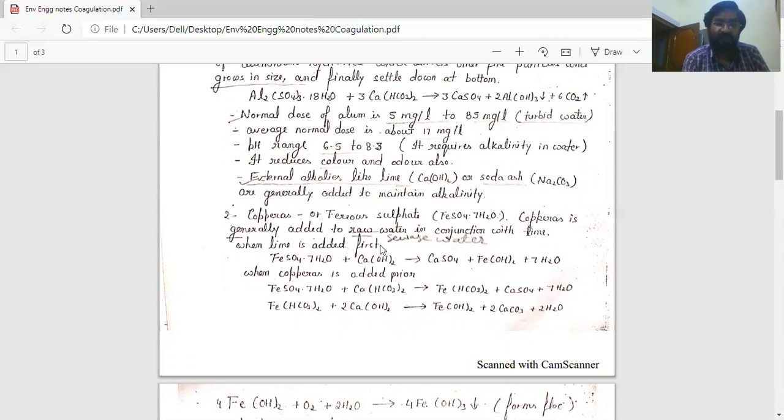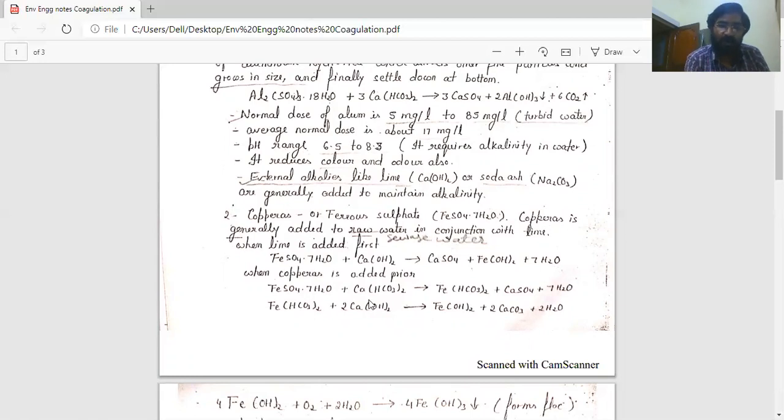When lime is added first, the reaction is FeSO4·7H2O plus Ca(OH)2, giving CaSO4 plus Fe(OH)2 plus 7H2O.